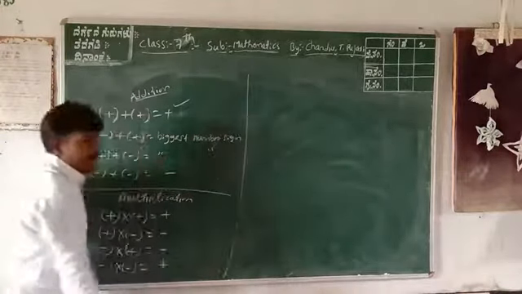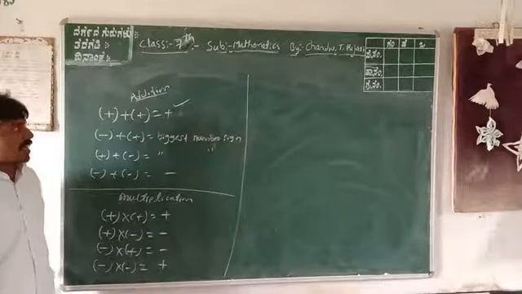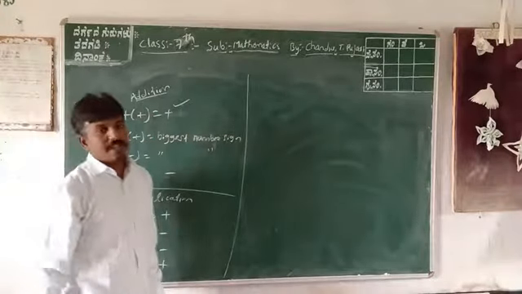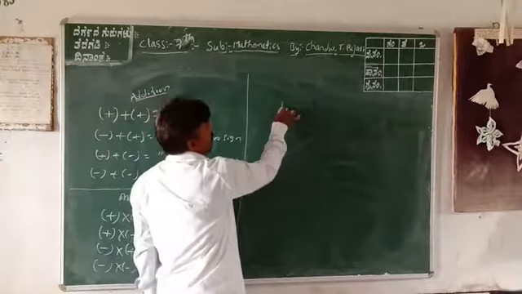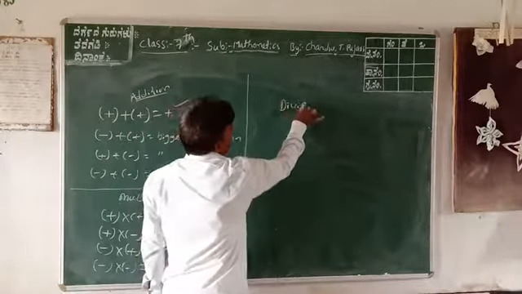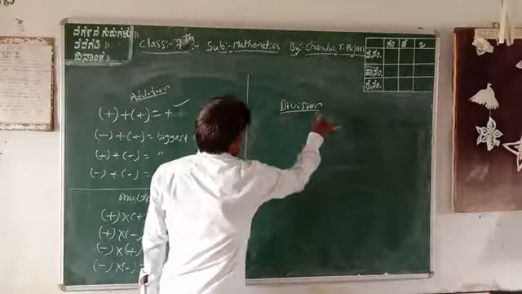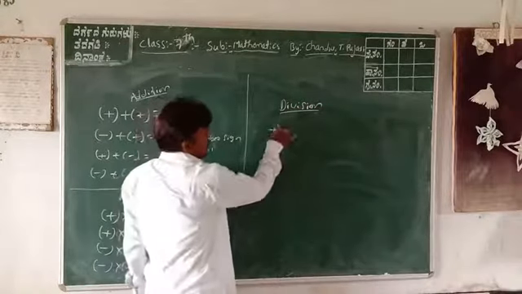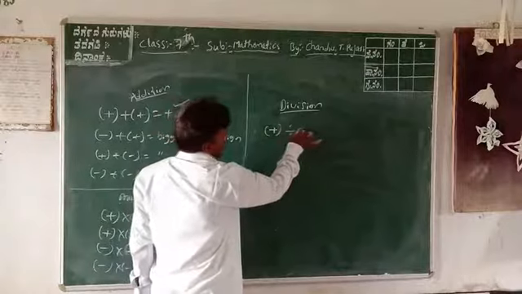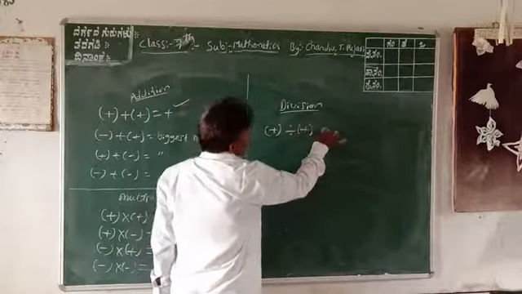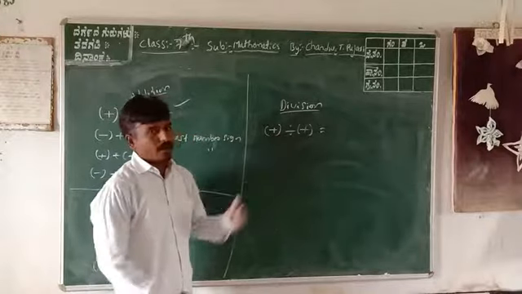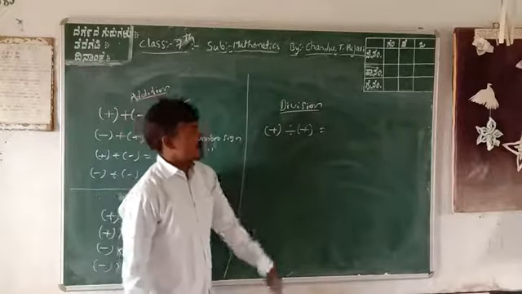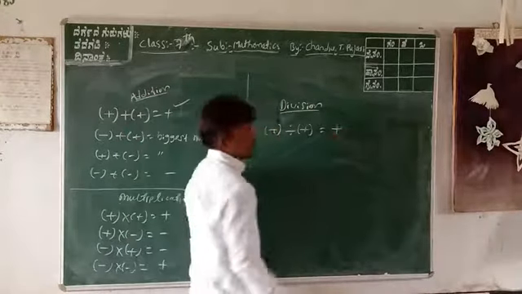The next one is division of integers. Before studying division of integers, you should study the division sign conversion. Plus divided by plus is equal to what? You should keep these in mind, they are most important. Plus divided by plus is only plus.